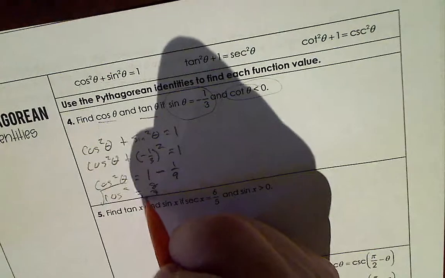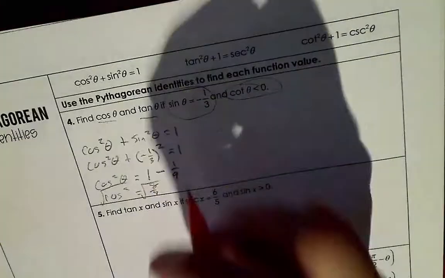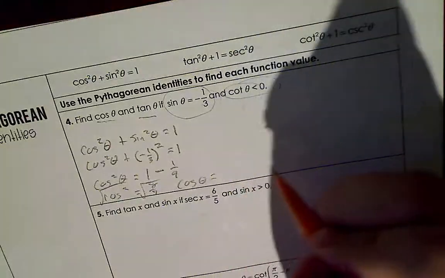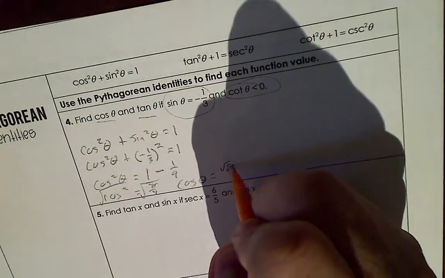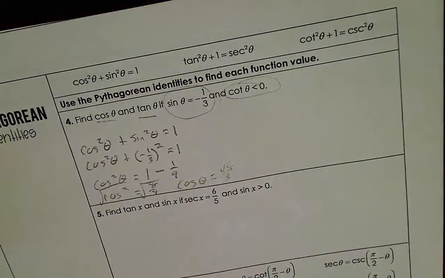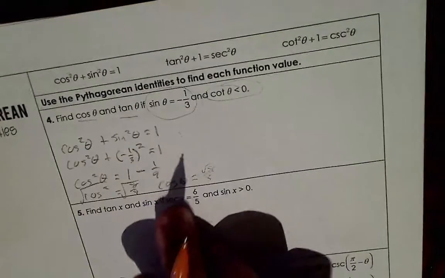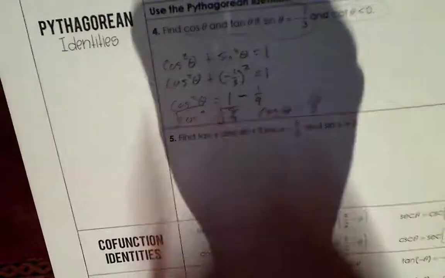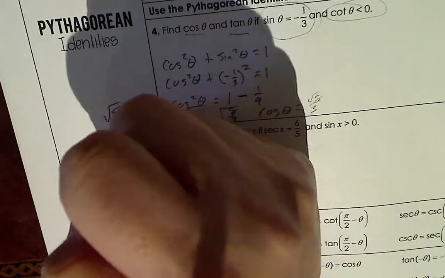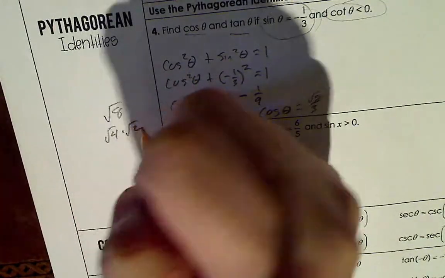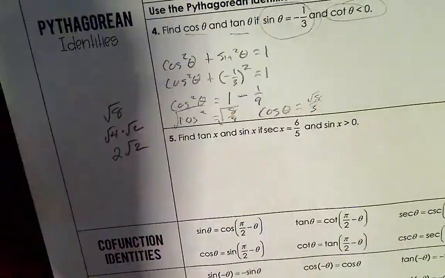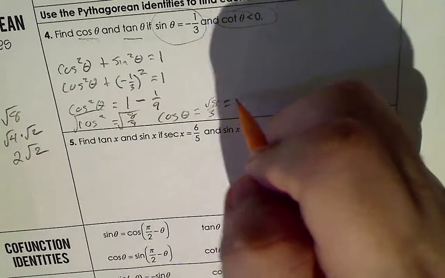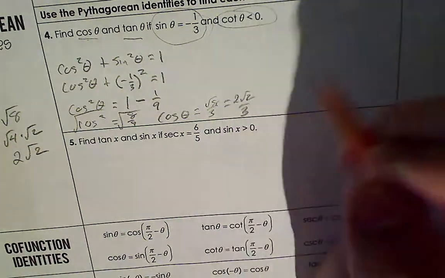Then I square root so that the cosine of theta is equal to the square root of 8 over 3, which if we're going to simplify square root of 8 down, becomes square root of 4 times square root of 2. So that's 2 root 2. That's simplifying a radical value. So that's going to essentially become 2 root 2 over 3.